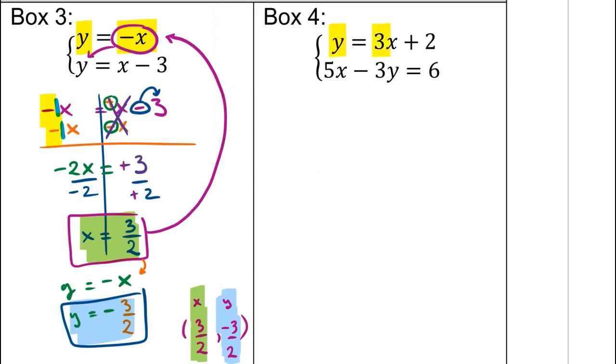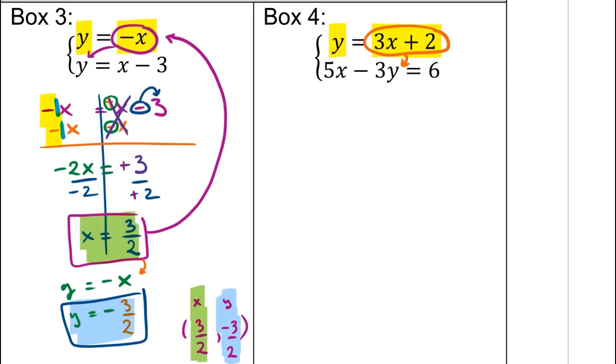Okay, y equals 3x plus 2. So 3x plus 2, we're going to plug it in place of y. Pay attention, where's your y in this problem? y stays somewhere in the middle of the second equation. So you're going to plug it in here, right?